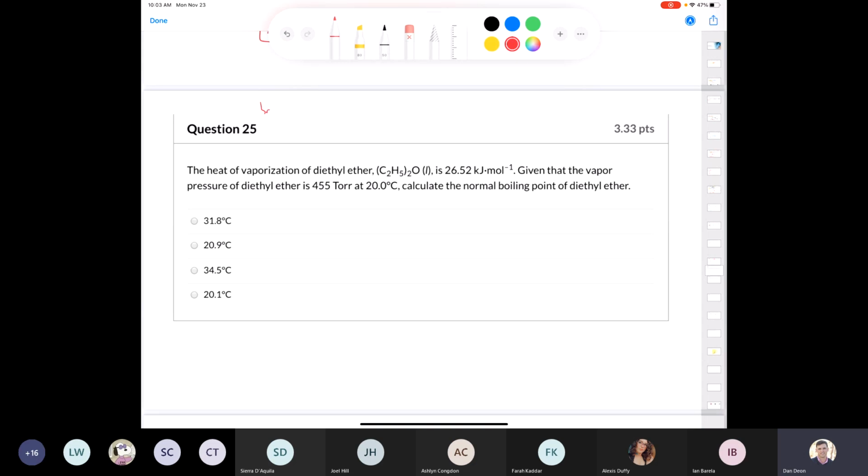Let's write out our Clausius-Clapeyron equation. So the ln of P2 over P1 is equal to delta H of vaporization divided by our R, times 1 over T1, subtract 1 over T2. Our P1 is 455 torr, and our T1 is 273 plus 20, so that's 293 Kelvin.